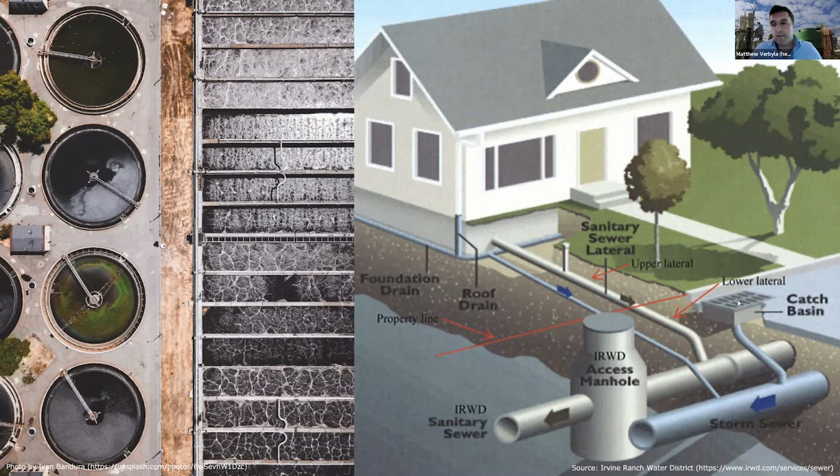This is the typical centralized sewer system. There are, however, many households that are not connected to a centralized sewer system and instead utilize decentralized wastewater treatment or decentralized sanitation technologies.